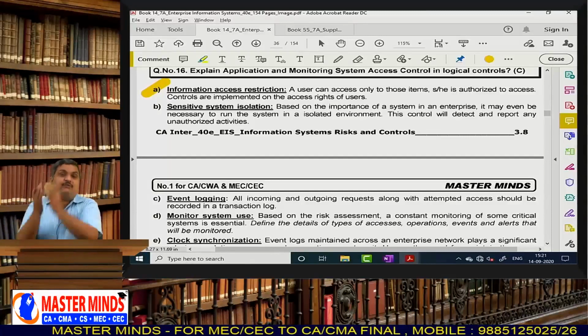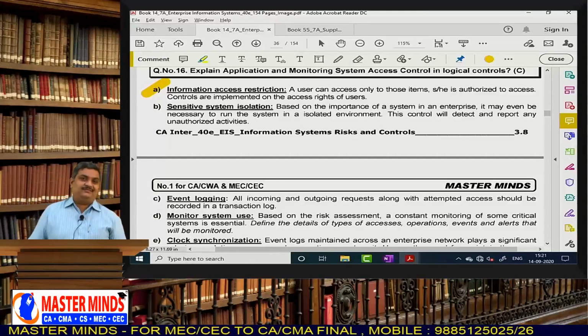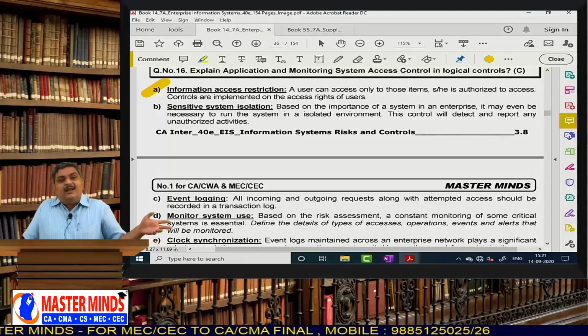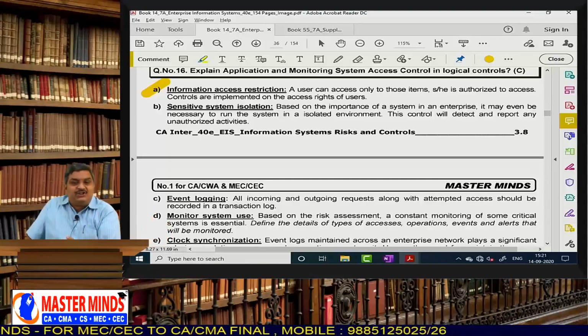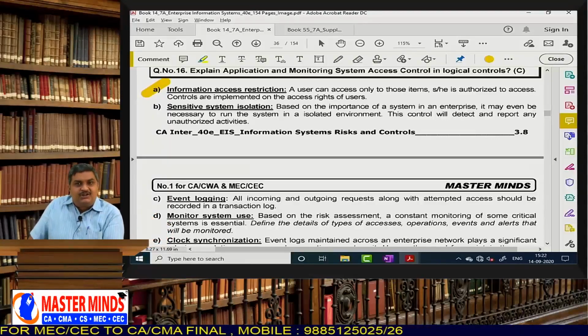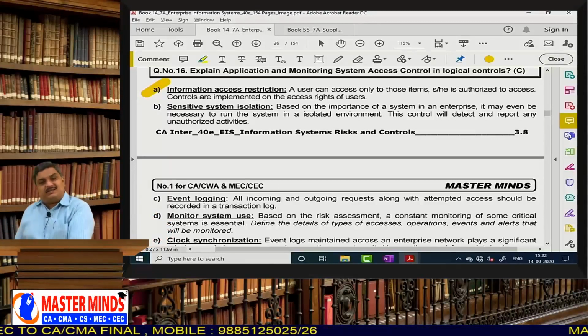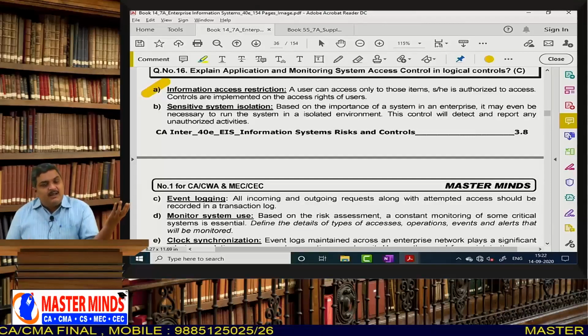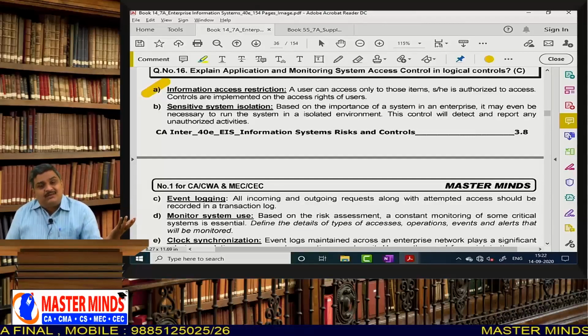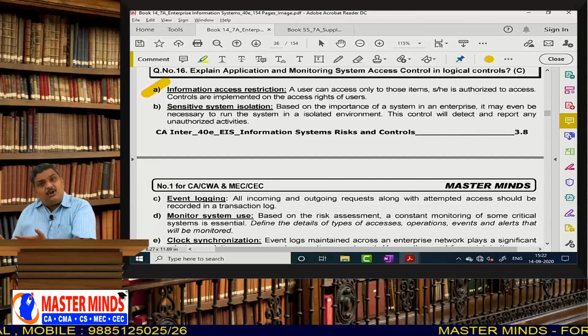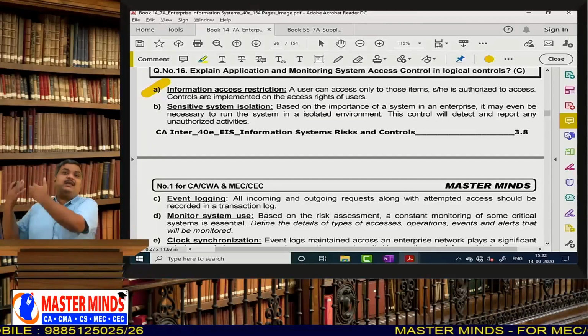Only that much permission you should give. See, a clerk in the HR department cannot access the balance sheet of the company. The balance sheet and the profit and loss account should not be accessed by the clerks, nor by the customer. Those are internal documents. They should be accessed only by the accounts manager.